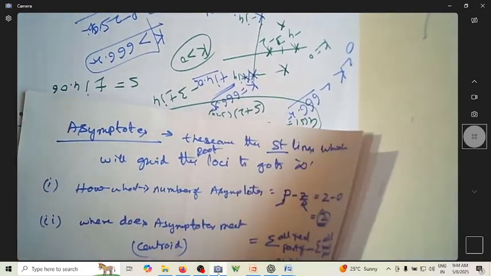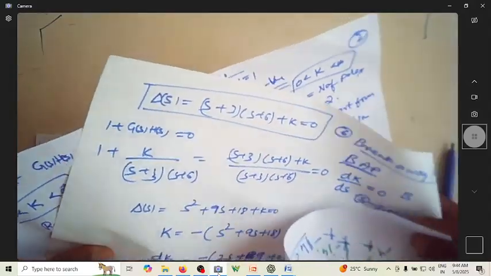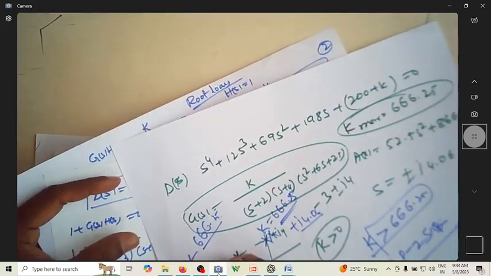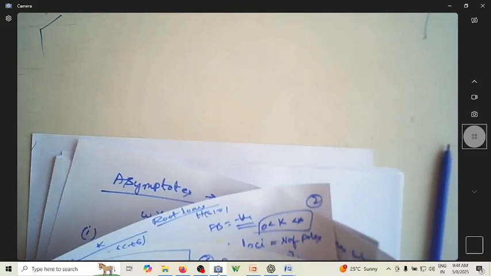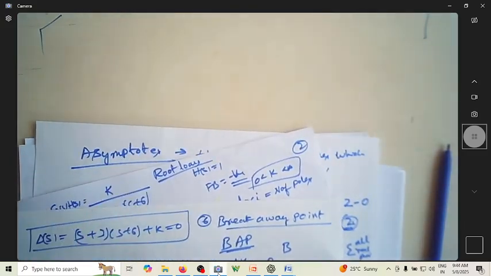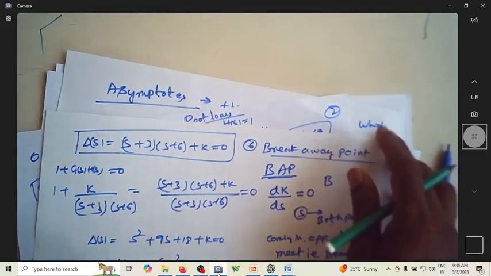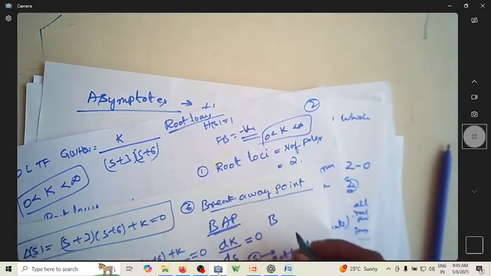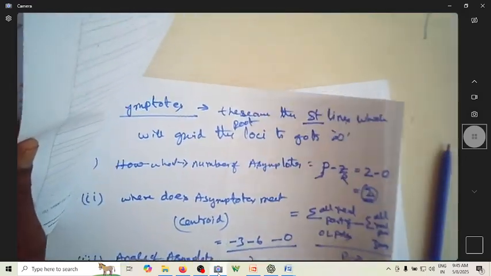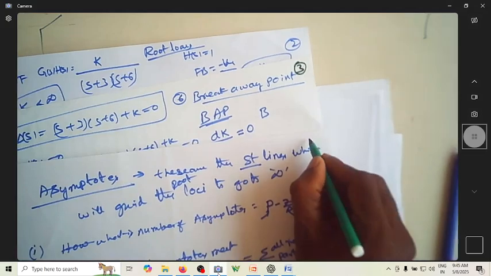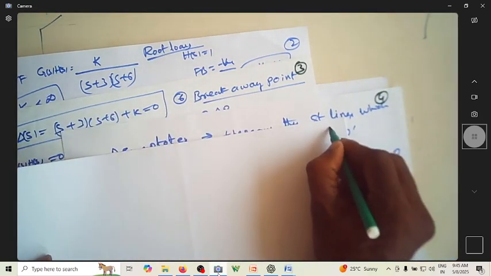So we started with the first one, then the second one, then this is the third one, and this is our asymptotes, the fourth one.